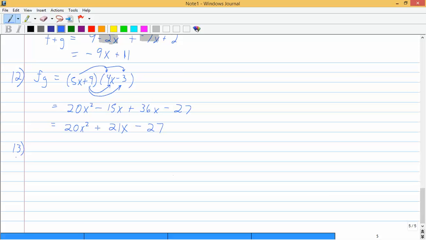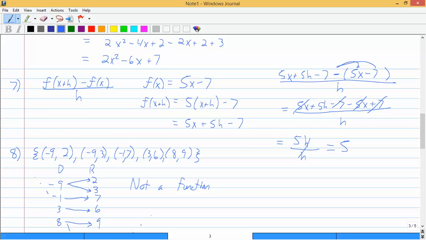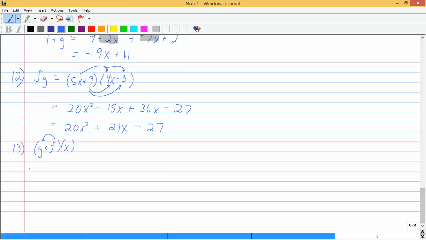Number 13, for the given functions f and g, find the indicated composition. This says find g of f of x. So this means take the f function and plug it into the g function. We're given that f of x equals negative 5x plus 3, and g of x equals 2x plus 2.